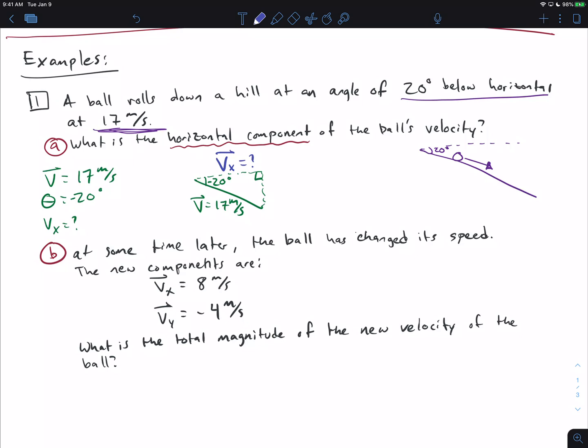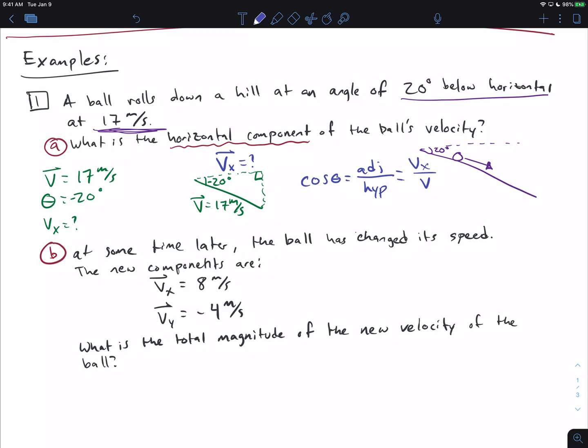Okay, so hopefully the formula that you came up with here was cosine of theta is adjacent over hypotenuse. Another way to write this for us would be Vx over V. So we have this.